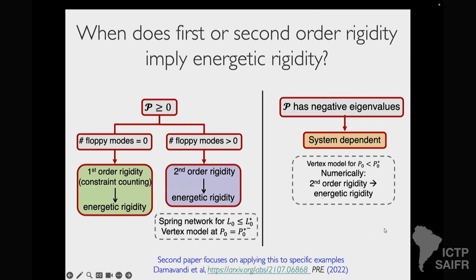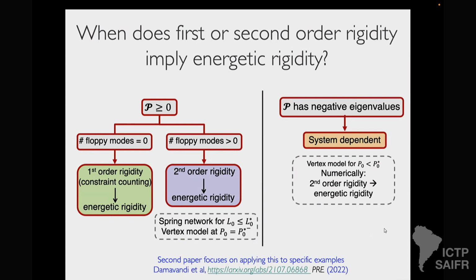The good news is that it turns out this is enough. Spring networks fall into this class, vertex models fall into this class, and we can show this either analytically or numerically because we have a way to calculate it. The bottom line is that for vertex models and fiber network models, second order rigidity is sufficient to tell you about energetic rigidity.